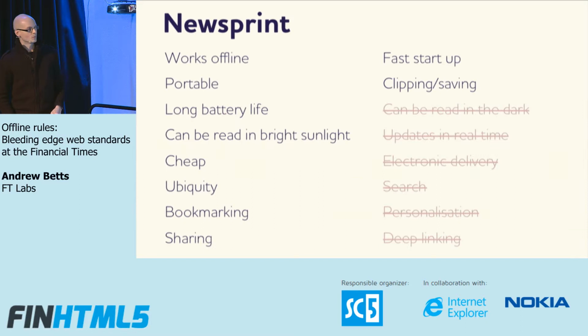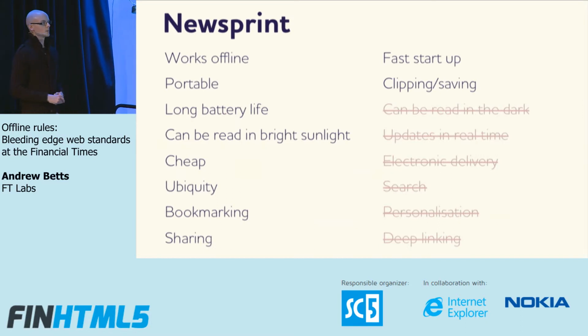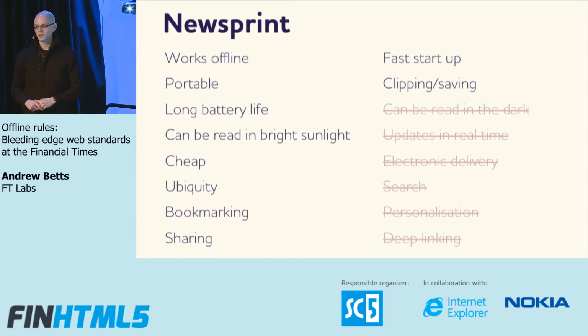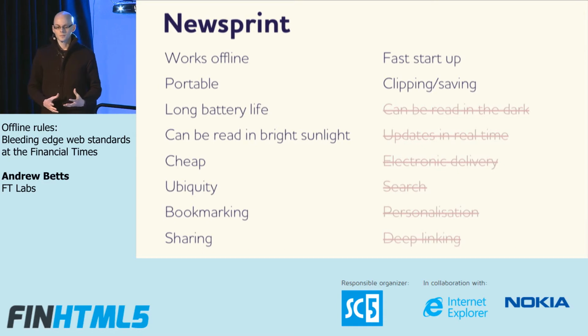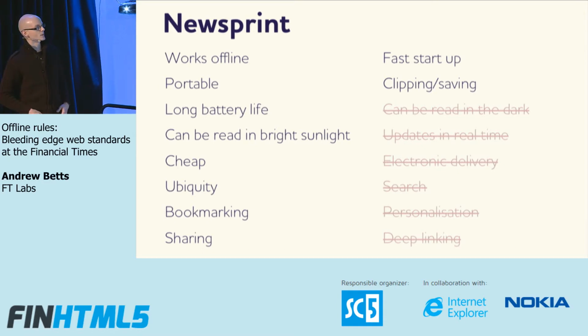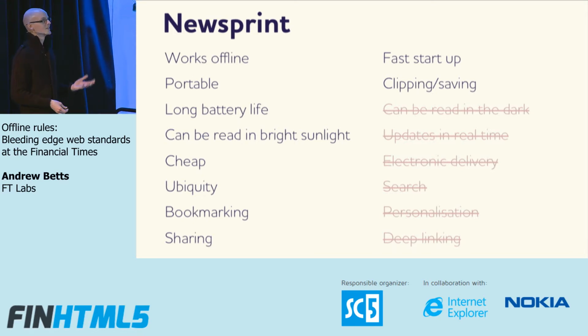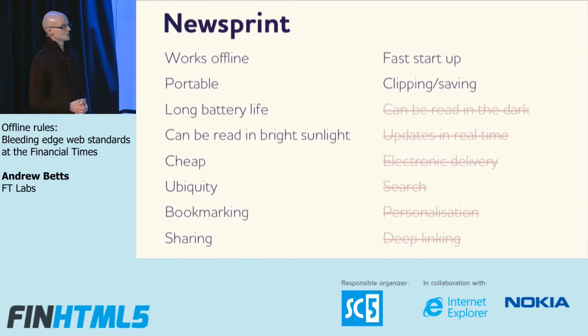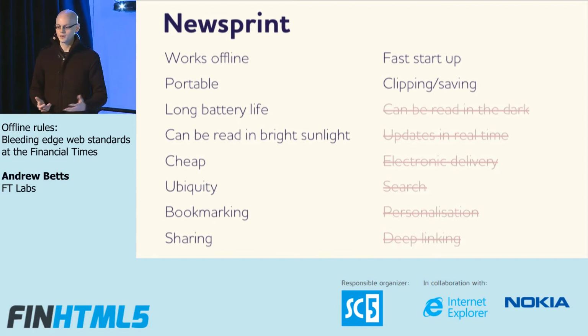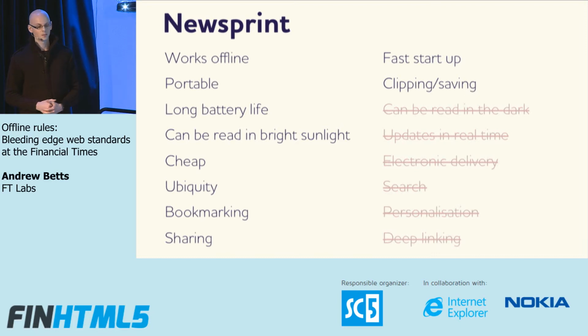What do we get from a newspaper? Well, if I were to make a list of all the things I want from my news reading client and write them down, and then cross out those things that I can't get from a newspaper, I actually do pretty well. It starts up very quickly. It works offline. It has no concept of working online, but nevertheless, I don't need an internet connection to read a newspaper. I can read it in bright sunlight. It lasts a really long time, as long as I'm not in the rain.